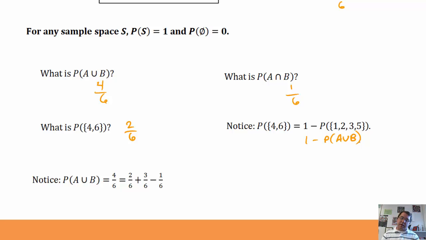Notice also that the probability of A union B, which we said is 4 over 6, is equal to 2 over 6 plus 3 over 6 minus 1 over 6. Why would I break it up like that?